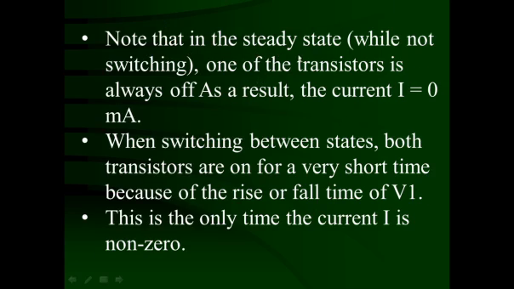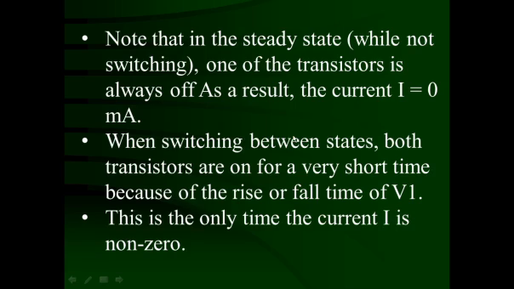Note that in the steady state, while not switching, one of the transistors is always off. As a result, the current I is equal to 0 milliampere. So either the output is low or high, that is the steady condition. Out of these two transistors, only one is conducting, the other is off, limiting the current, and hence the output current is almost 0.